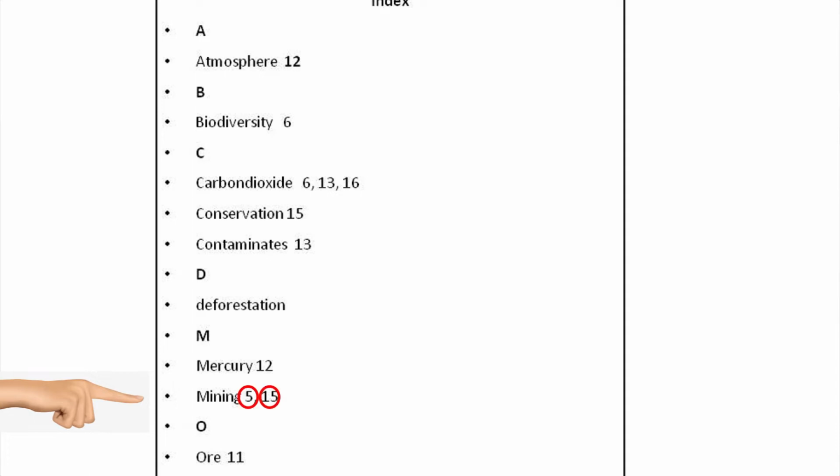We would find information on pages 5 and 15. You did a very good job helping me to find the pages on which I can find information on mining in the index page. Remember, the index page is found at the back of the book, unlike the table of contents, which is found at the front of the book.